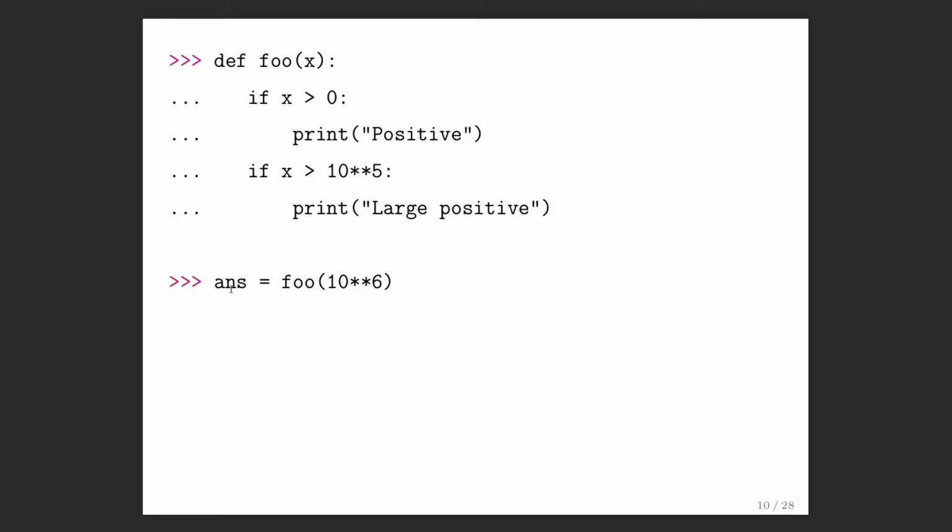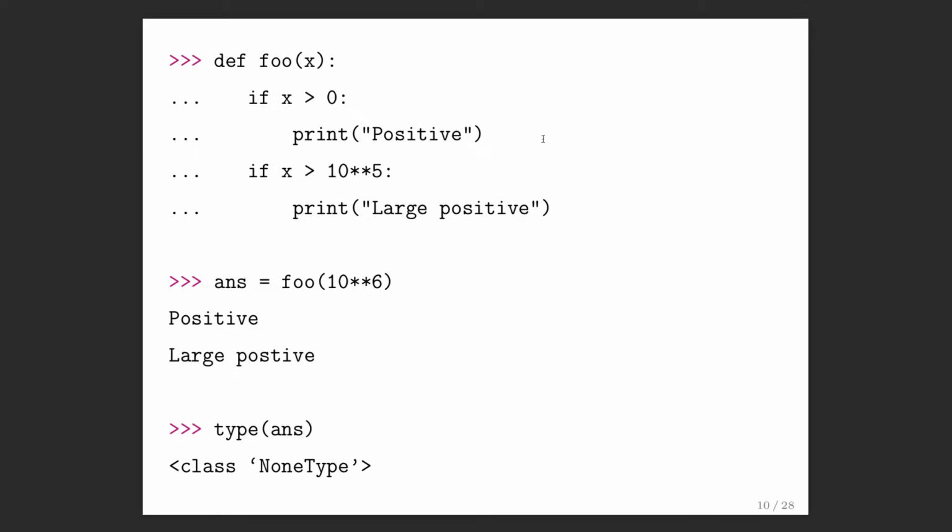So my prediction is that this is going to print positive and large positive, and then assign None to answer. Right? So it prints positive, then large positive, and then the type of answer is None. So just because one if statement executes doesn't mean the next one gets skipped. These are multiple if statements that are sort of in sequence.